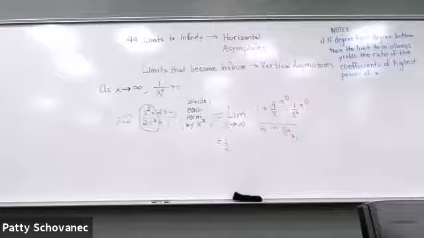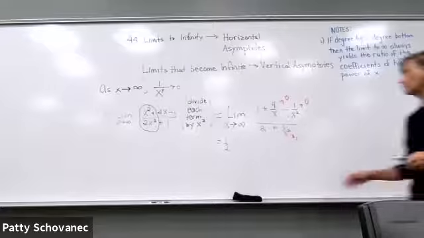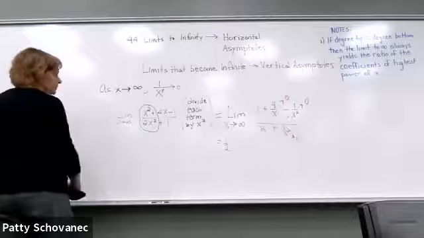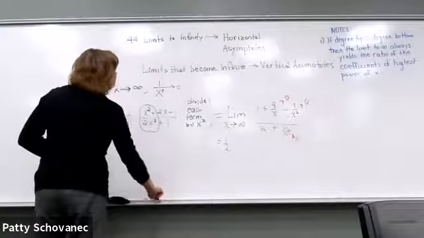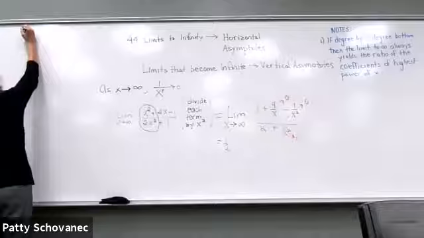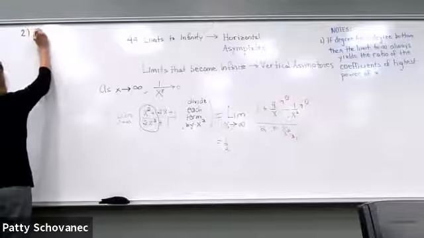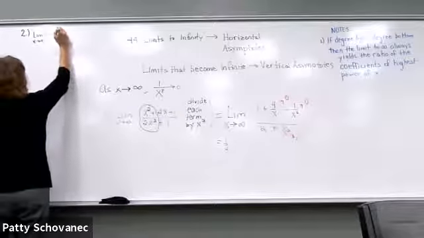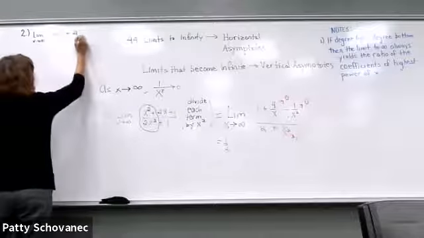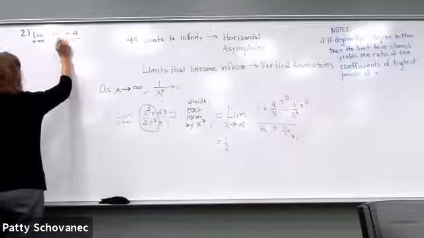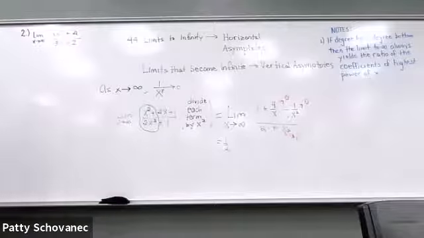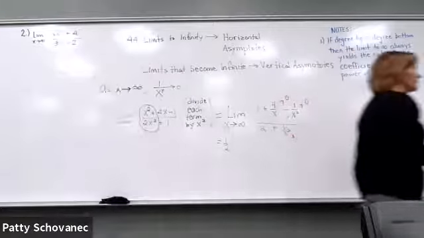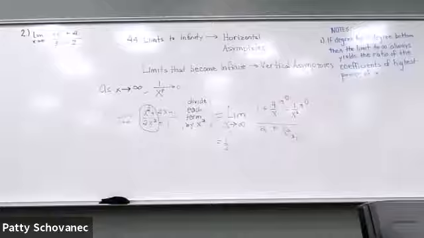Let's look at the limit as x goes to infinity of the square root of x plus 4 divided by 3x minus 2.